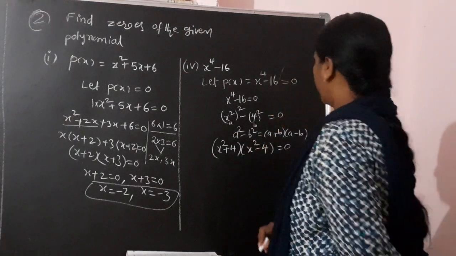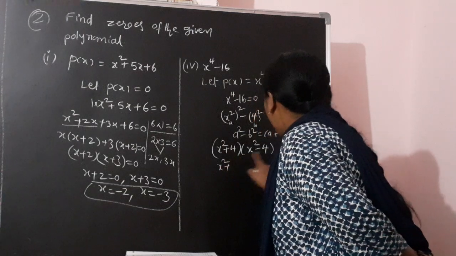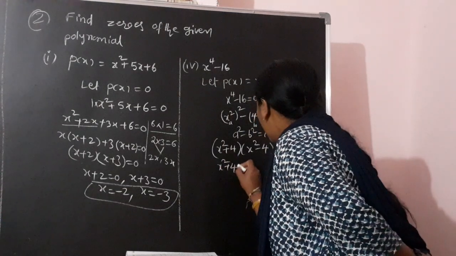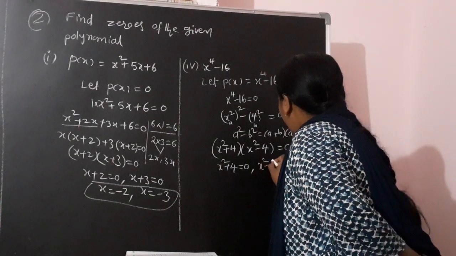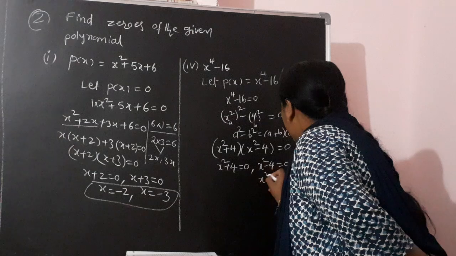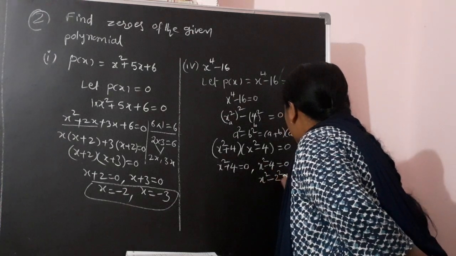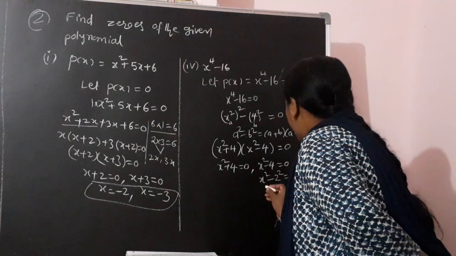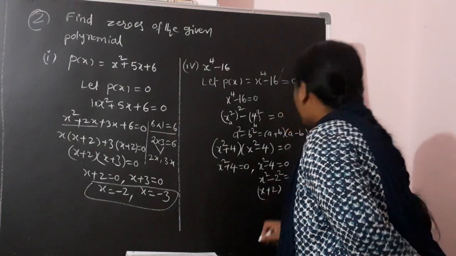is equal to 0. Let's equate each to 0 separately. x square plus 4 equal to 0. Next, x square minus 4 equal to 0. So x square minus 4, can we write 2 square? Yes, equal to 0. Next, it is again x plus 2 into x minus 2.